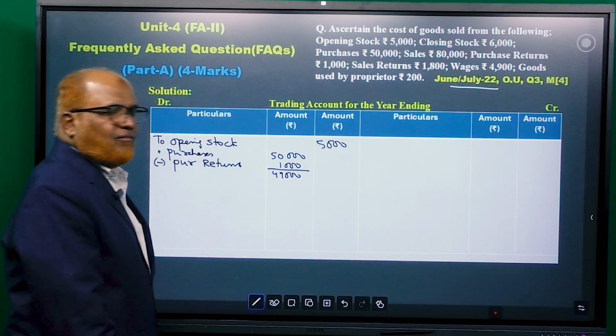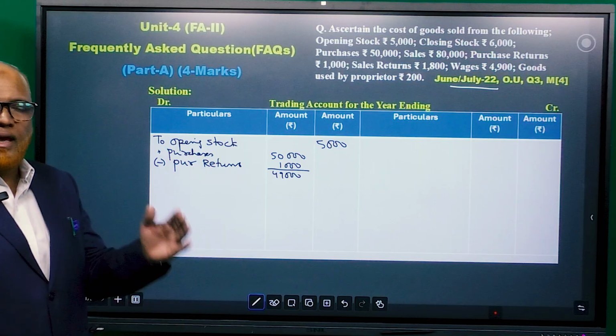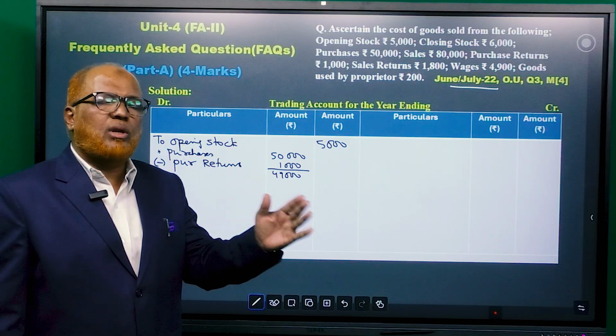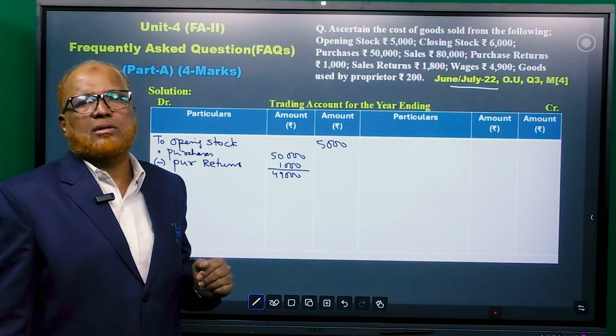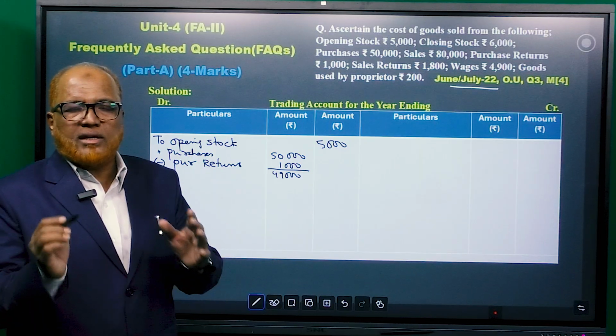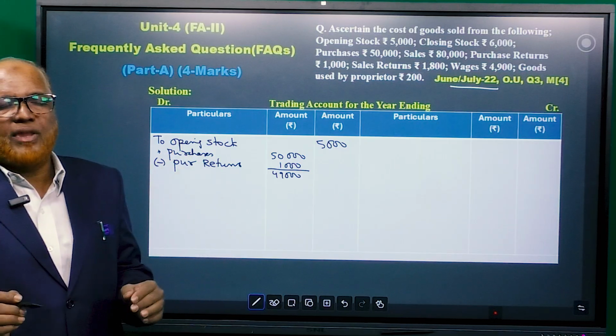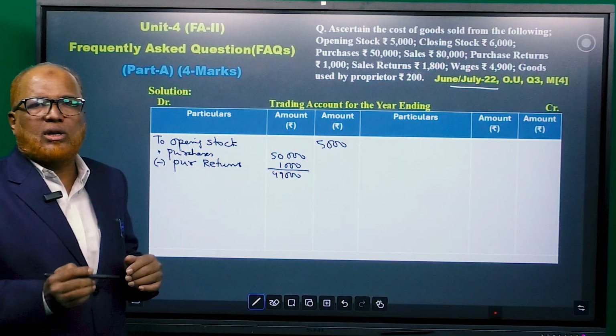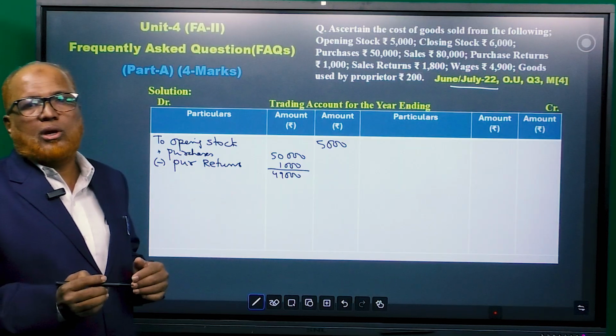Now again, from this subtract any goods taken by the owner for personal use. That is also drawings. Drawings doesn't mean only cash. Even if goods are taken by the owner for personal use, it is also called drawings.